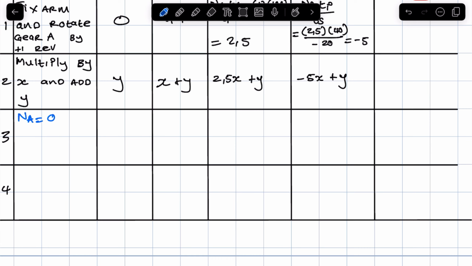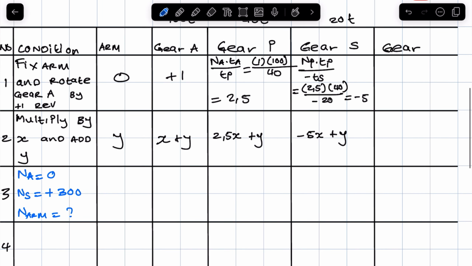They said the sun, so NS is positive 300 for 300 revs per minute clockwise. And they want us to calculate the rotational frequency of the output. The output is carrying the arm, therefore we're looking for the rotational frequency of the arm. So this is what you're looking for. That completes our third condition.